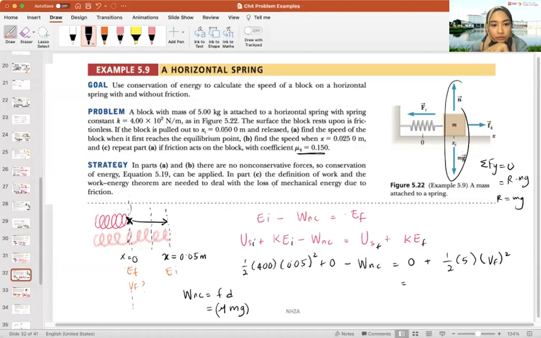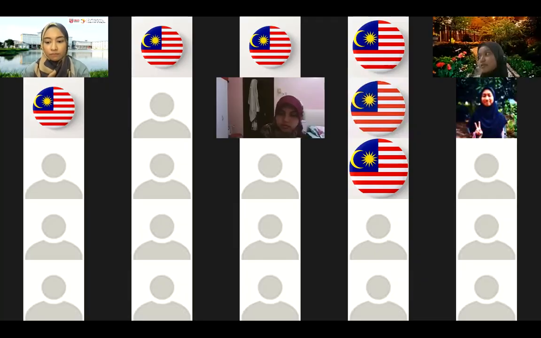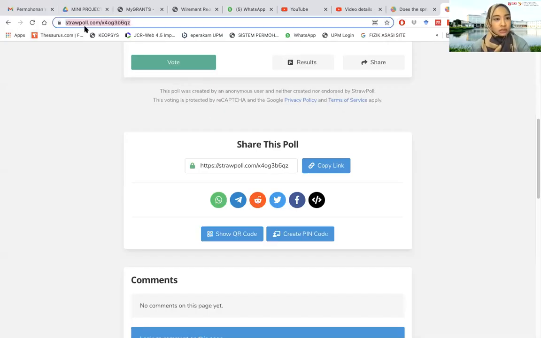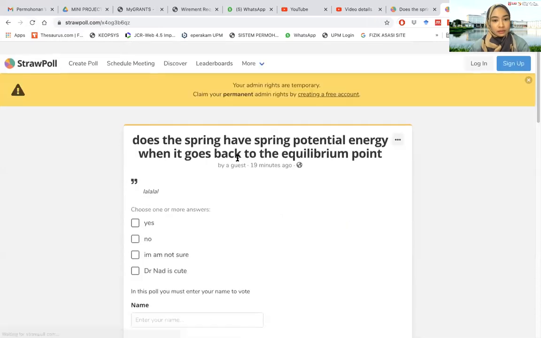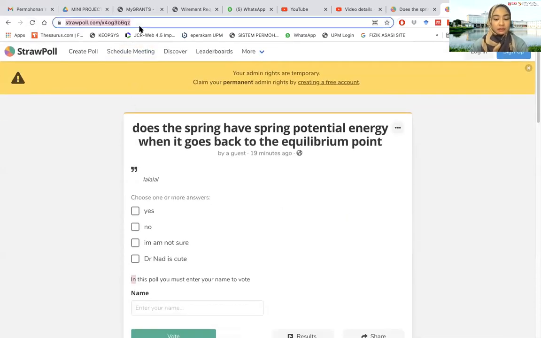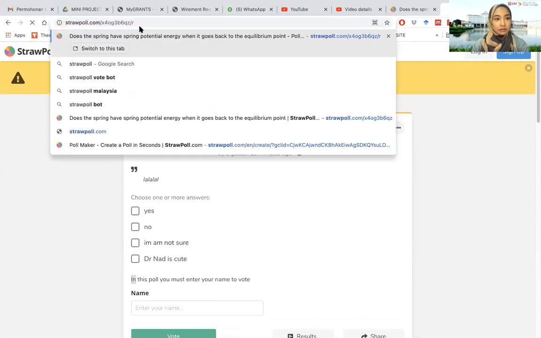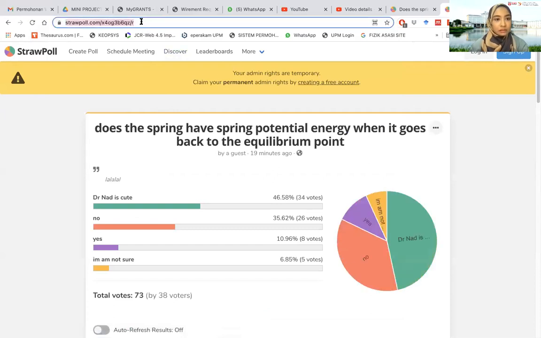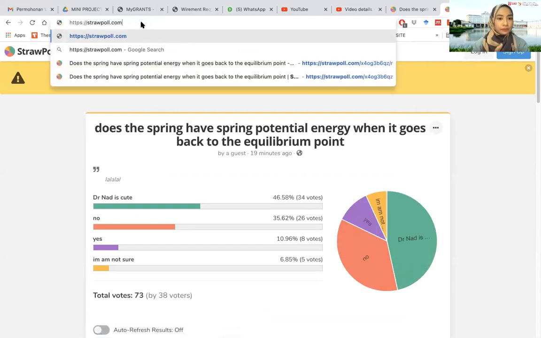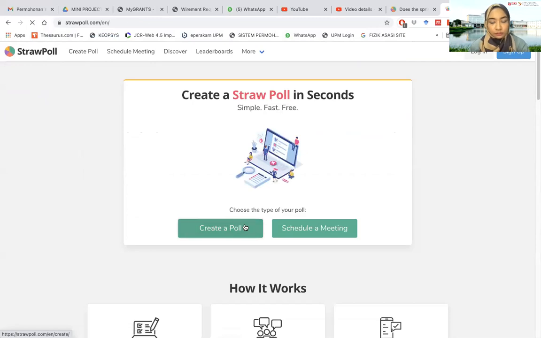I need to make a new poll code. Semua orang tengah berhati-hati. Jangan discuss saja. Tiba-tiba tak nak kasi discuss. Boleh discuss. So let's do our new vote. Kenapa saya nak buat vote? Sekatilah kan. Straw poll. Cuma saya nak buat baru. Okay. New. Create poll.